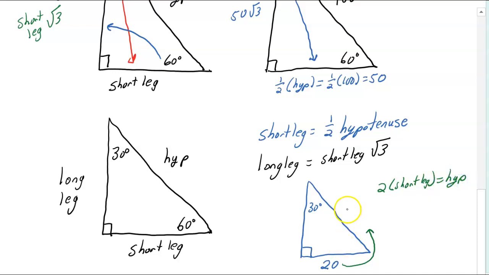So to get the hypotenuse here, you would say 20 times 2, or 40. The long leg is still the short leg times the square root of 3. So these are some of the main ideas in the special 30, 60, 90 triangle. And on the SAT, some people label the hypotenuse 2x, the short leg x, and then the long leg x square root of 3.